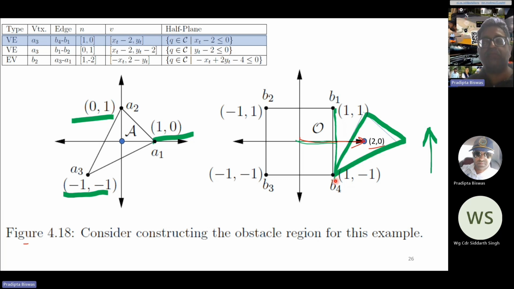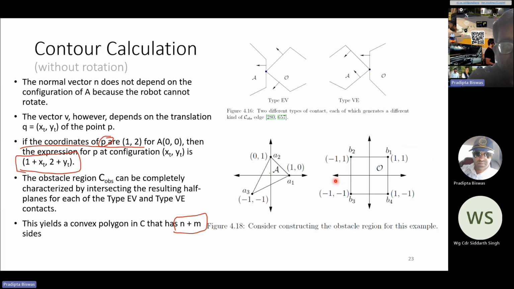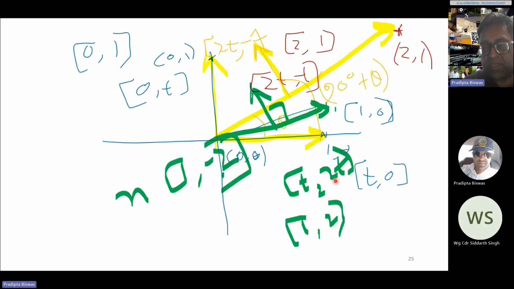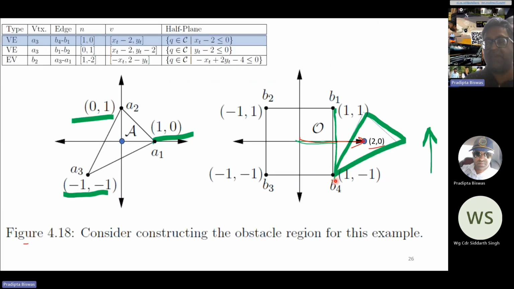And we saw this a few slides before, if p is 1, 2, it is 1 plus xt, 2 plus yt. Using a similar notion, based on the direction of the vector, we are going upwards. We are getting the half plane as xt minus 2 and yt minus 0, based on this point 2, 0.